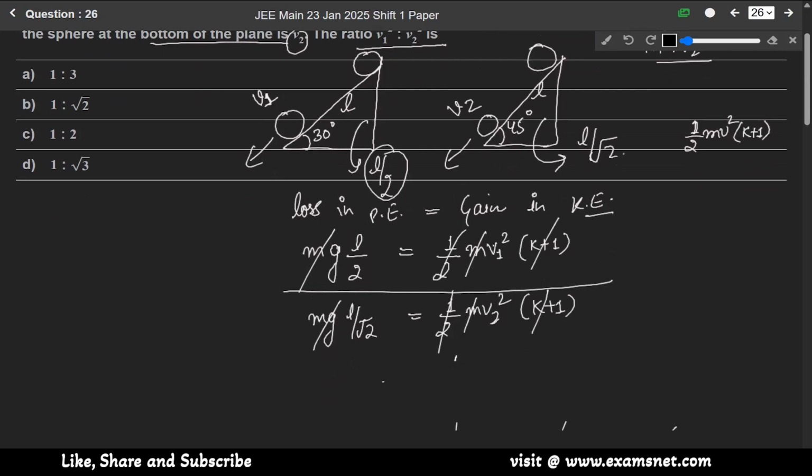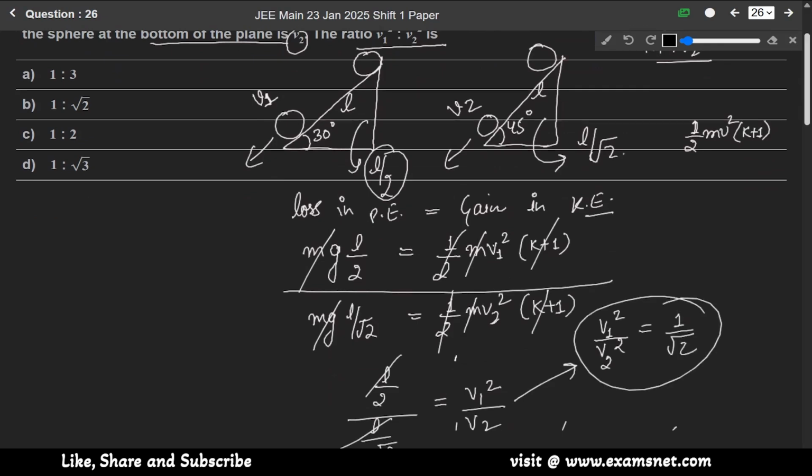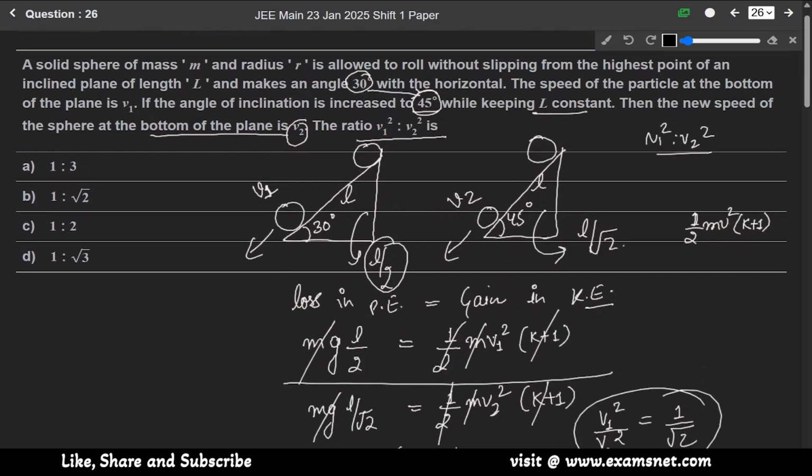We get L by 2 over L by root 2 equals v1 square over v2 square. This L also cancels out. So v1 square over v2 square equals, this will become 2 and this is root 2, so it will be equal to 1 by root 2. So our answer is 1 by root 2, means option B is the correct answer.